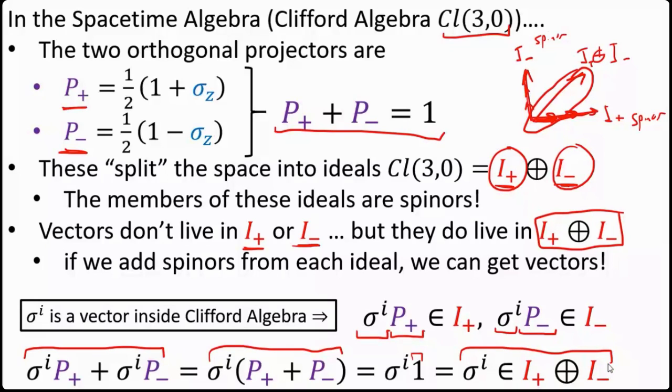So this probably doesn't make sense yet. I think I'll show you what spinors actually look like. CL30 has 8 basis elements, right? I basically act on them with P plus and P minus to show you what the spinors look like.